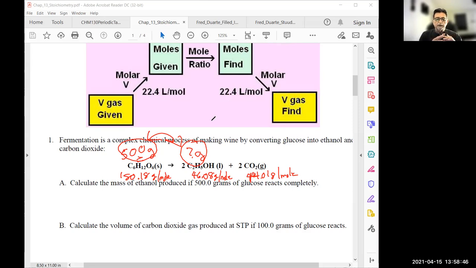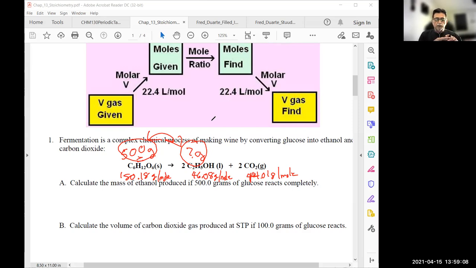Carbons are balanced. Hydrogens, I got 12 in glucose. Well, you're going to work this through. I got 6 in ethanol. 5 of them are in the structure, and you got the one out there with the oxygen. So it's a total of 6 for each one. Each ethanol, there's 2 of them, so there's 12 hydrogens. We're good on the hydrogens.